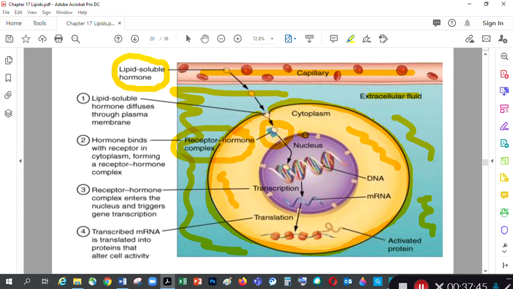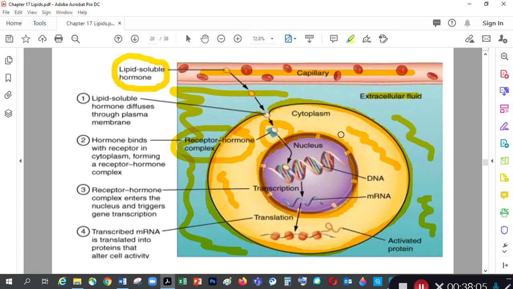The nucleus, as you see, is protected by the phospholipid bilayer. Remember we talked about the bilayer of the phospholipids. They can make micelles or bilayer, and this is protected by the phospholipid bilayer outside the nucleus.